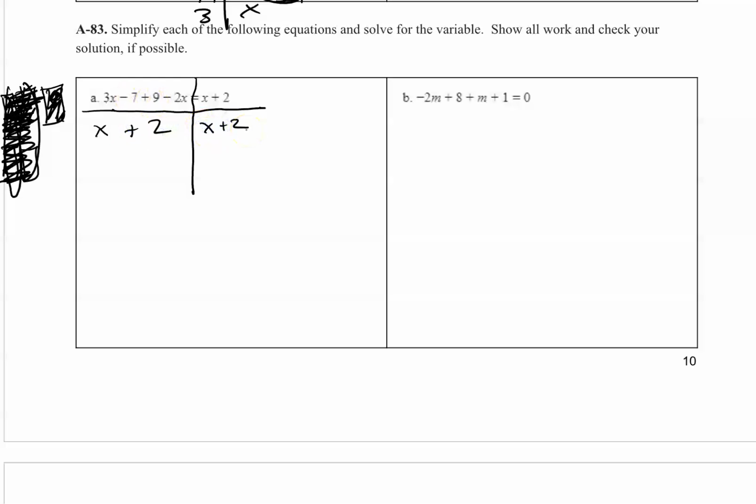x plus 2. Okay, let's go ahead and invoke the rule where we remove an x tile from each side. So if we take that away, we're going to have 2 on both sides. 2 is equal to 2, that's true. x is vanished, so this is one of those special cases.